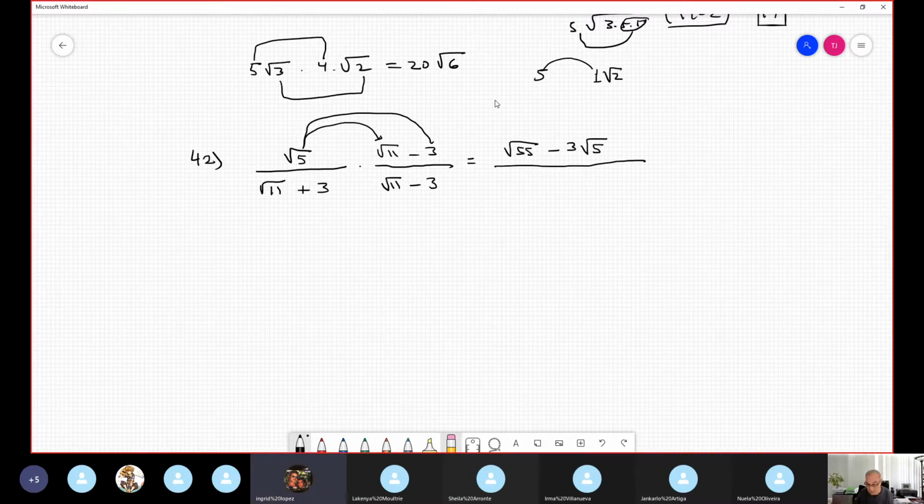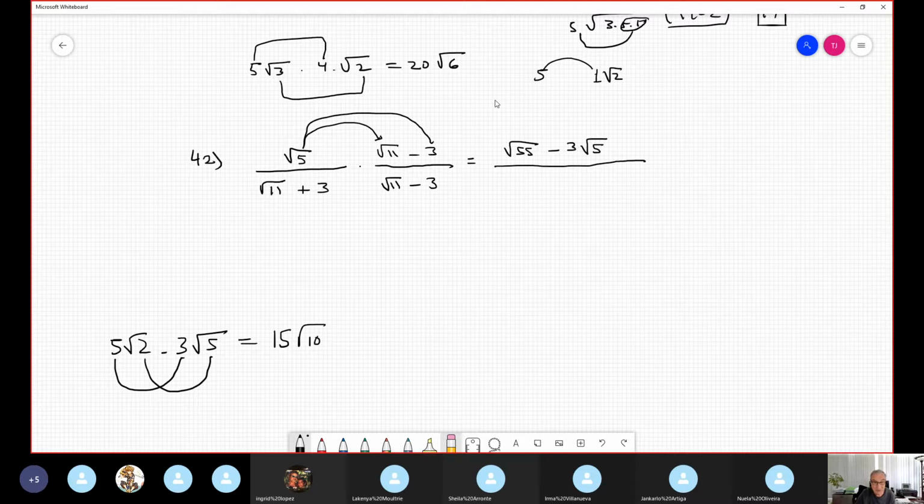Repeat, please. Say that again. Repeat: 5 radical 2 times 3 radical 5. You multiply this number times this number, 15, and this radical times this radical separately, radical 10. We cannot multiply outside and inside together because they are different categories.